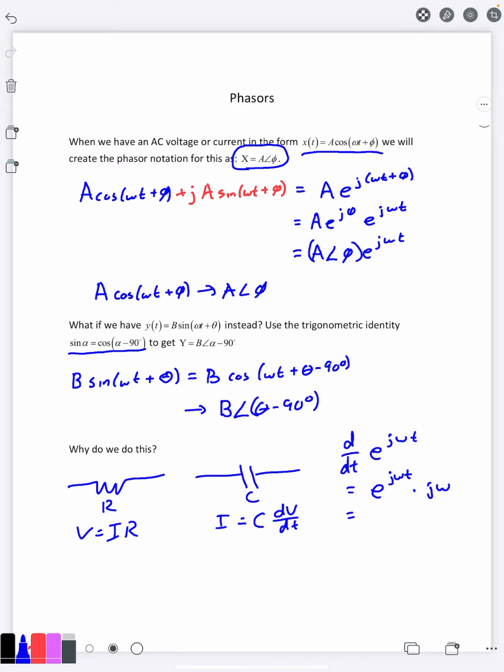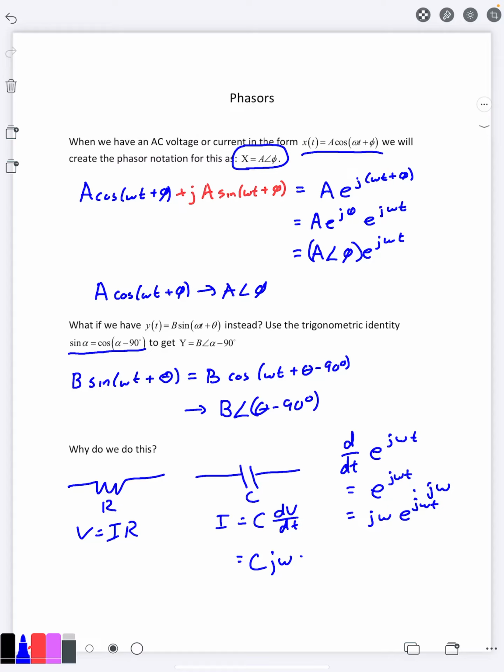What this tells you is that the derivative is just going to multiply by j omega. So instead of having to take a derivative, assuming that our input is in e to the j omega t, the derivative is just multiplying by j omega times the original input voltage.